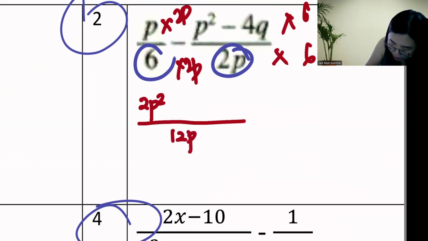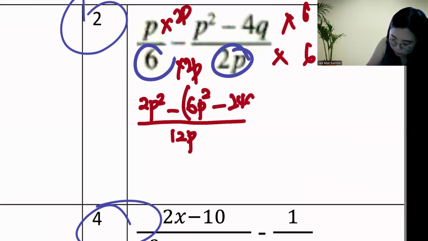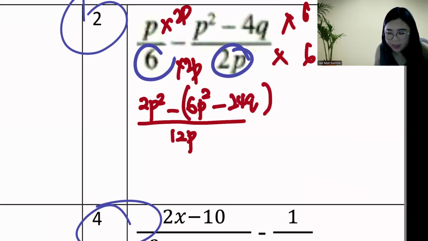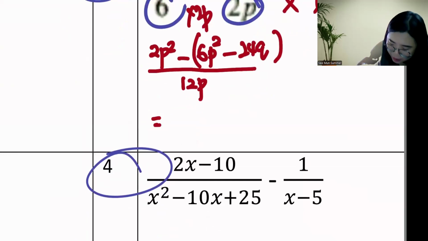And then minus 6p squared. And then minus 24q, okay? Correct? Yeah, now we have combined already. So far, so good. This step should be okay, right? Changed to the same denominator.